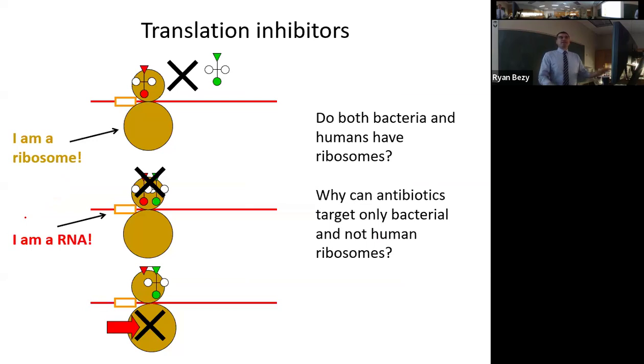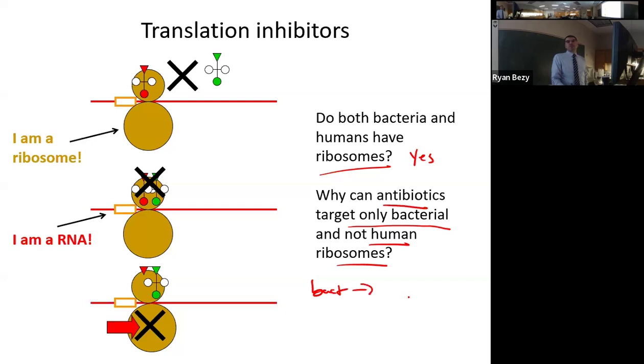Yeah, so do both bacteria and humans have ribosomes? Yes. So why are these antibiotics targeting only bacterial cells and not human ribosomes? They're different. Bacteria have what kind of ribosome? 70S ribosomes. And what do humans, or eukaryotes, have? We have 80S ribosomes.